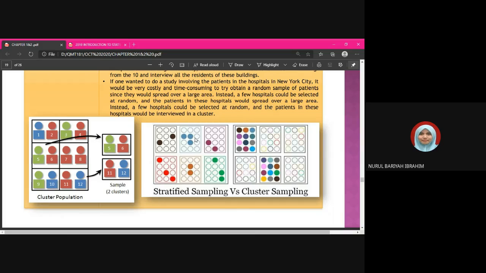Between the strata is heterogeneous. So, from here, from the 6 strata, we need to select the sample from each of these strata. Okay, kat sini kita select 2 member, 3 member and so on. So from each of the strata, there will be the representative from each strata.